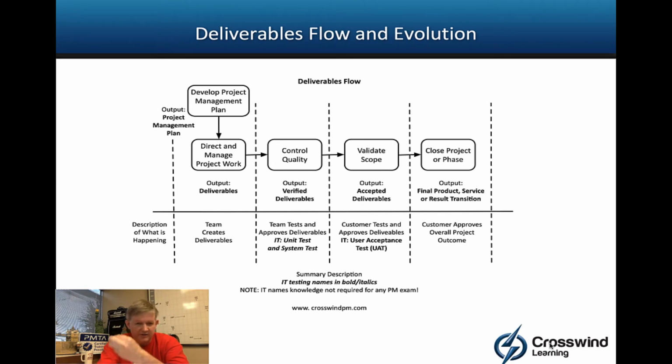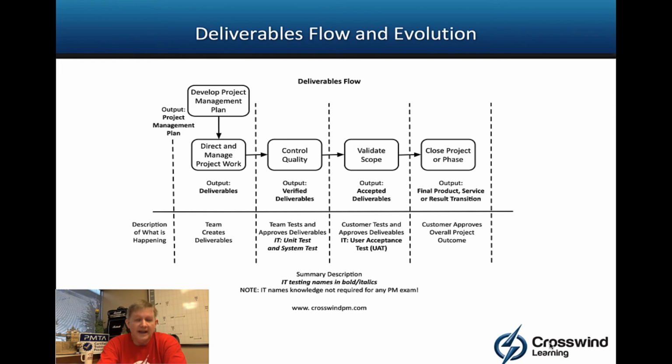So we're either testing the unit or we're testing the system. And thus, once we believe it's good, however small or big the piece is, we go to validate scope. And that's similar to UAT or user acceptance testing, which is where the customer says, yes, I will take this. And so ideally you would do control quality before validate scope always, because if not, you could have a lot of waste.